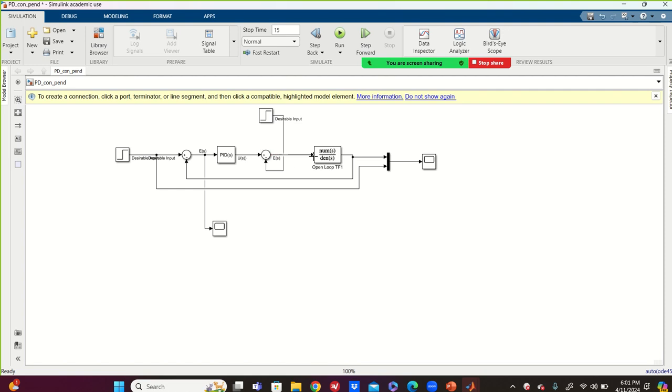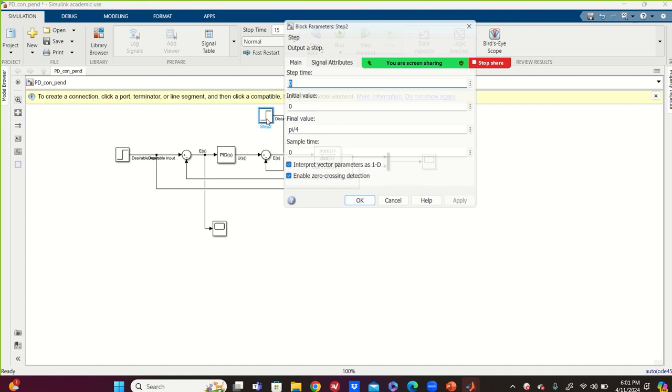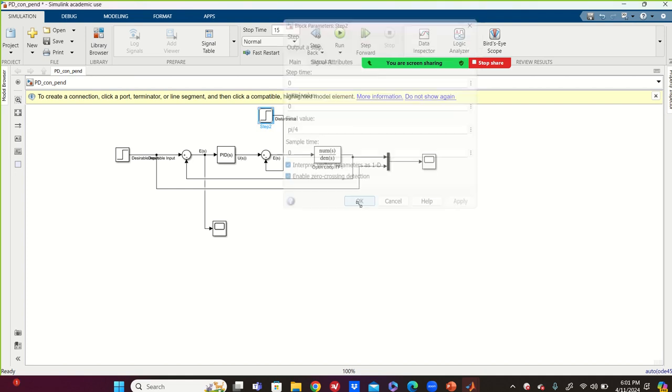After the controller, you have a disturbance acting on the system. I'm just typing here because I'm going to share this with you, and I'm going to say pi over 4, whatever.